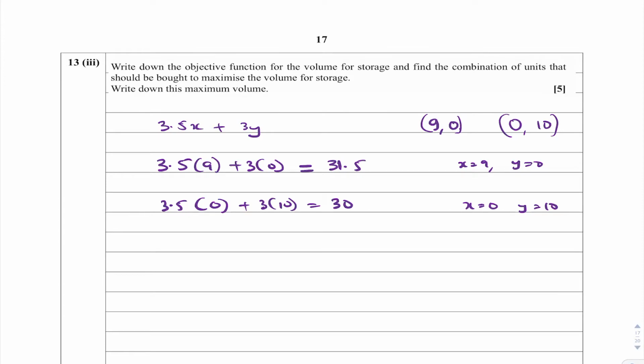So when I look at x equal to 6 and y equal to 4, 3.5 into bracket 6 plus 3 times 4, and that gives us 33. Because 3.5 times 6, punching that into the calculator, is 21. 21 plus 12 is 33.